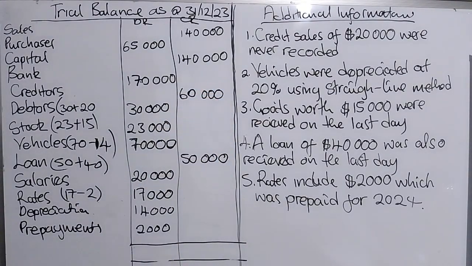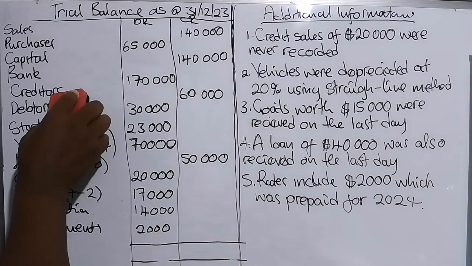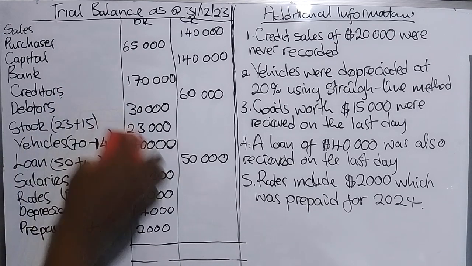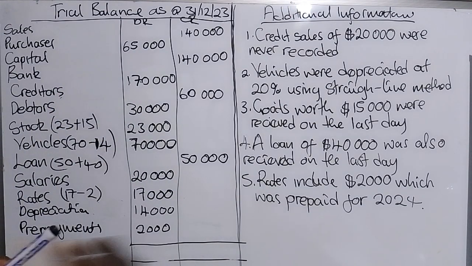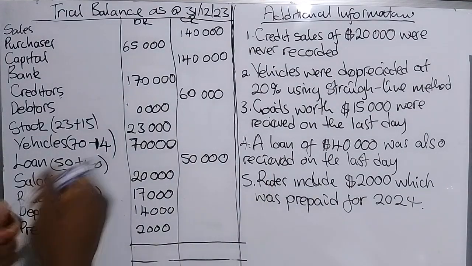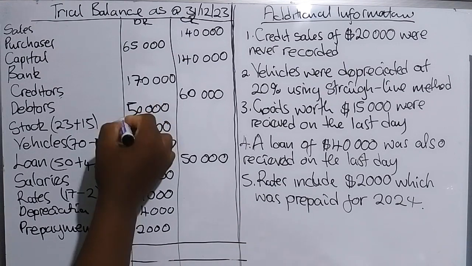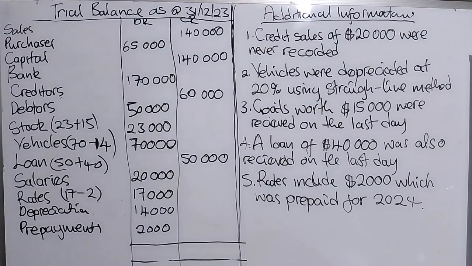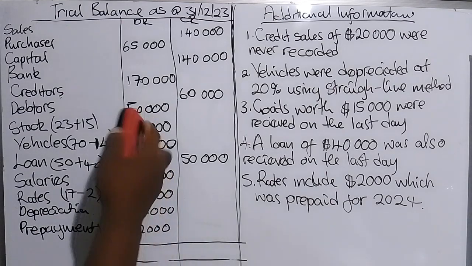Then we move to debtors. They also increased by 20,000. 30,000 plus 20,000 will give us 50,000. Now we move to stock. Stock was also increased by 15,000, which will give us 38,000.